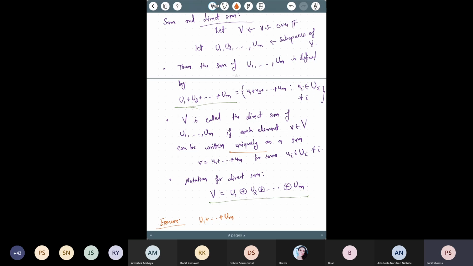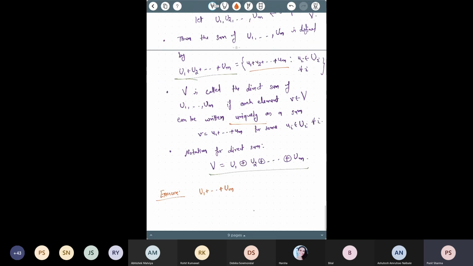In the first, I'm just saying that the sum is defined by this collection where each element in this sum is of this form where ui's belong to capital Ui. In the second definition, I'm saying that V is called a direct sum of these subspaces U1 to Um when every vector v in V can be written uniquely as a sum of this. This is just a definition.